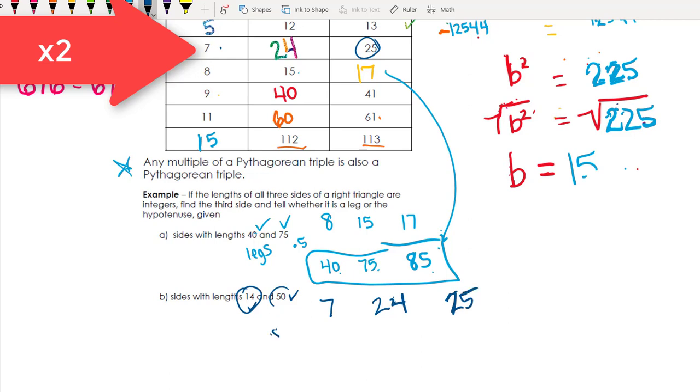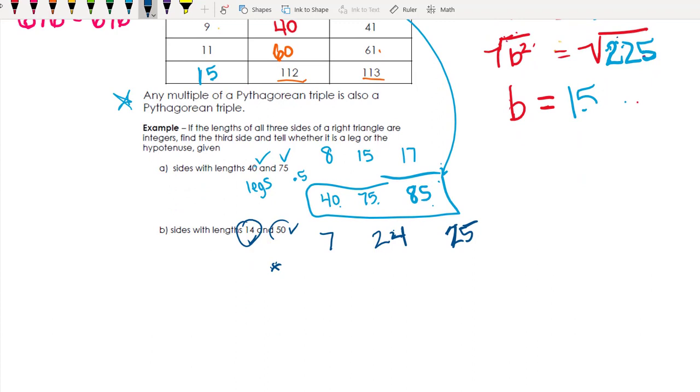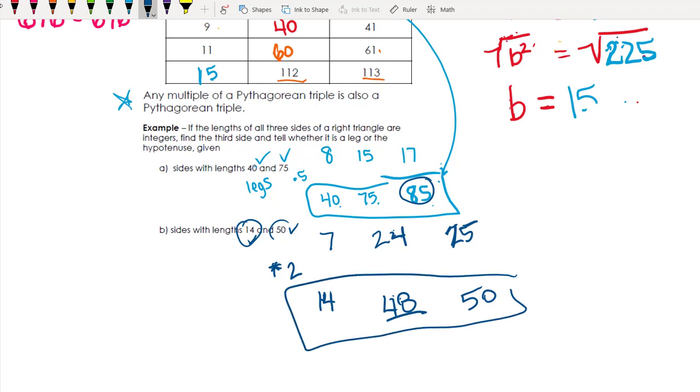And if I multiply by a scale factor of 2, I'll get a leg length of 14 and a leg length of 48 and a hypotenuse length of 50. So the missing side here was a leg, whereas here it was the hypotenuse. So this one is the scaled copy of this one.